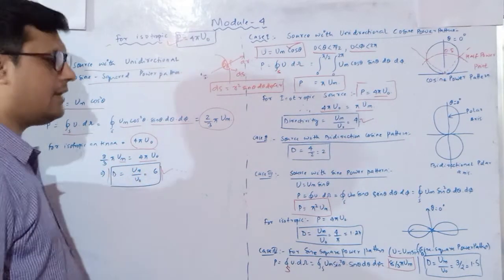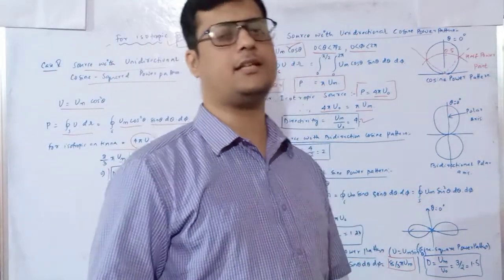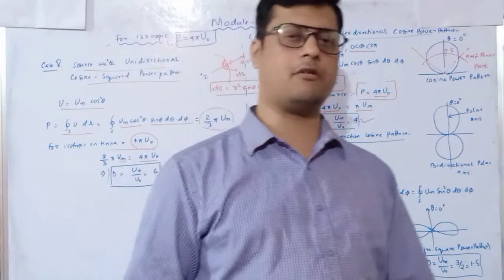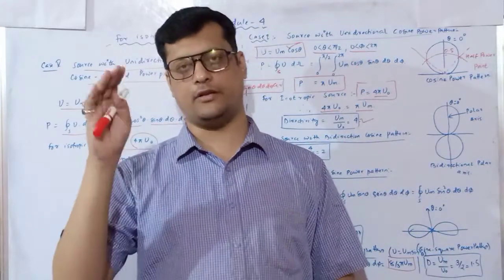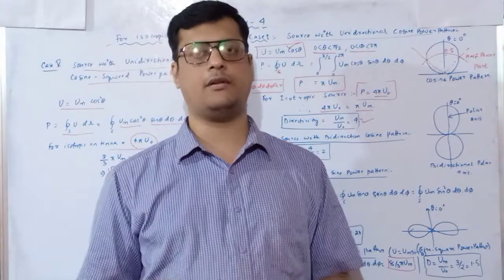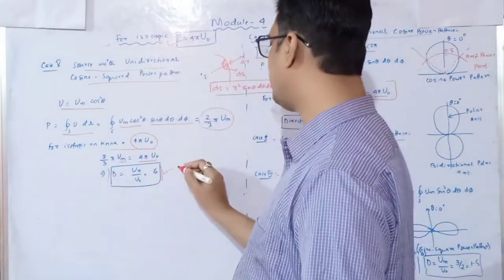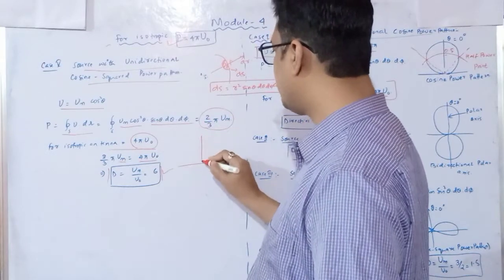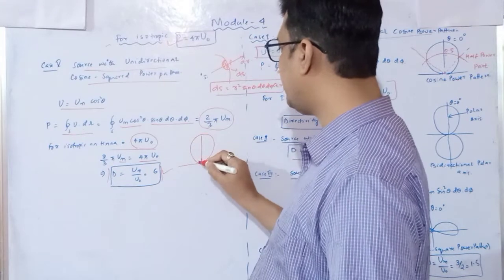Remember these relations, because these are constant. The questions may ask about these patterns, the power pattern. If the terms are cosine square or sine square, you have to derive all these things, solve them, and form the relation. So if it is cosine square unidirectional, the pattern will come like this.